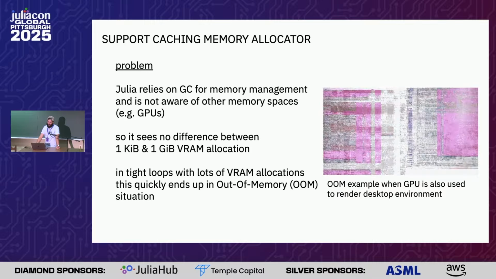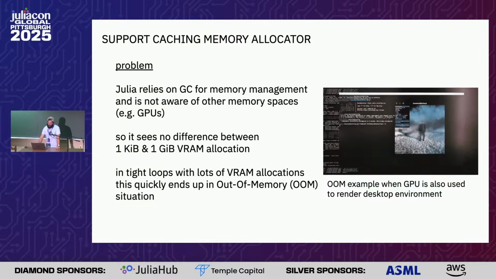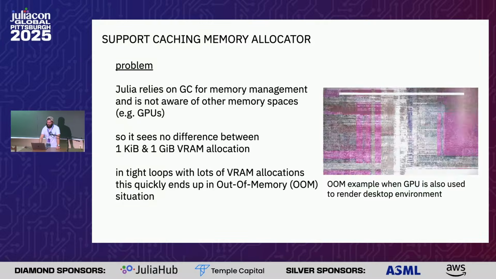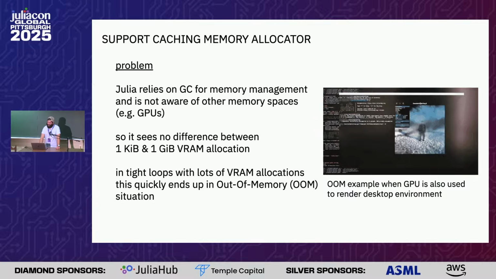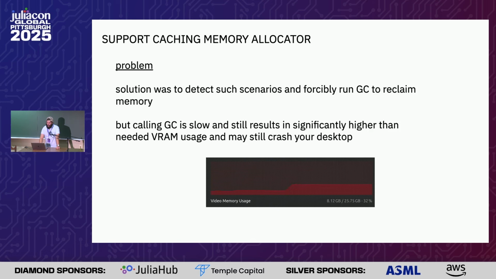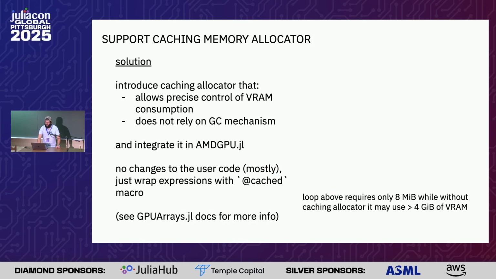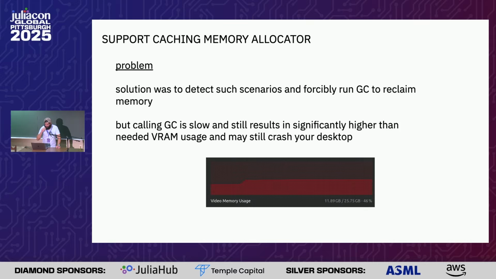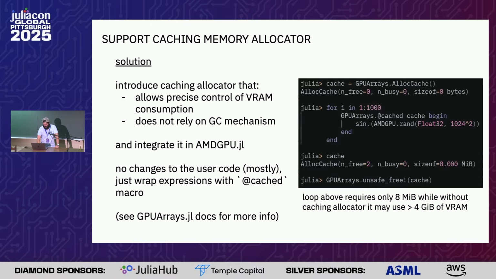Thanks to a new caching memory allocator in AMDGPU, this really does not happen as much for real code, which is awesome to see. Generally, you would see the memory just keeps going up. Now with this caching allocator, you get a flat line. There are still issues with the GC not running fast enough, but those are work in progress.